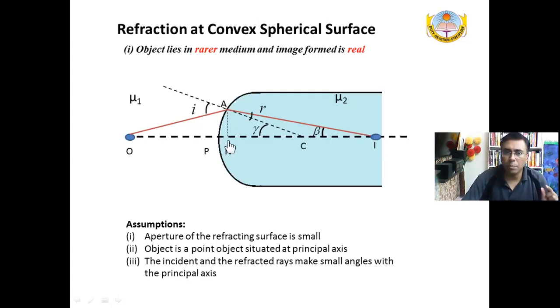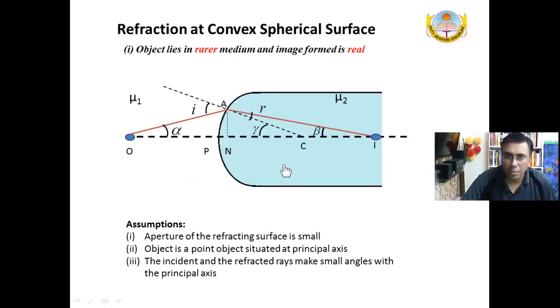We don't consider P and N as two separate points; we consider P and N as the same point for all mathematical calculations. Now the angle which the incident ray makes with the principal axis, we call alpha. I hope this diagram is clear to all of you.